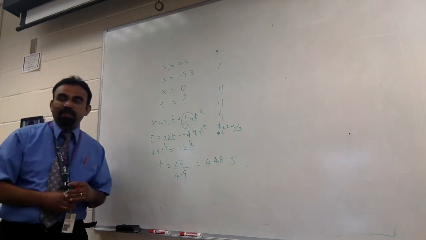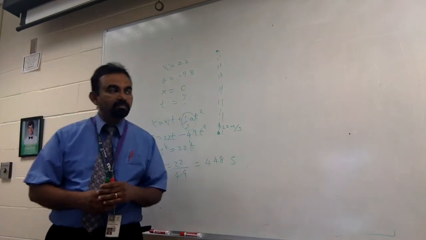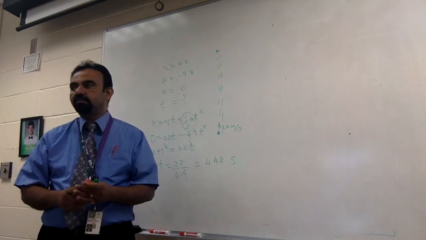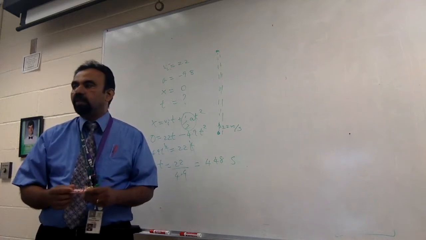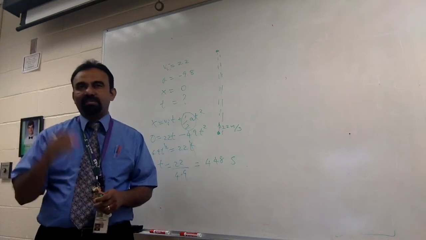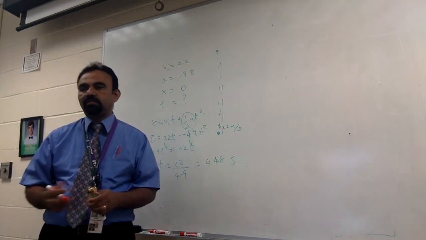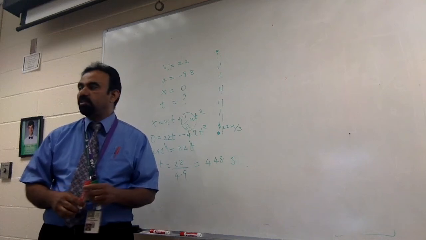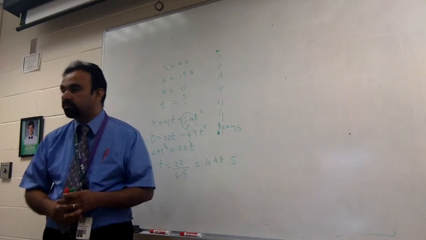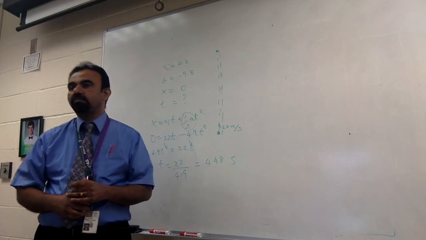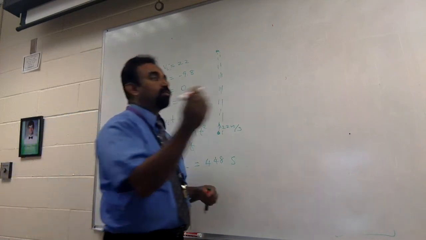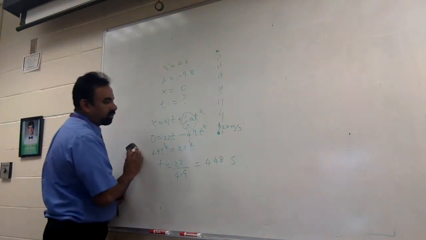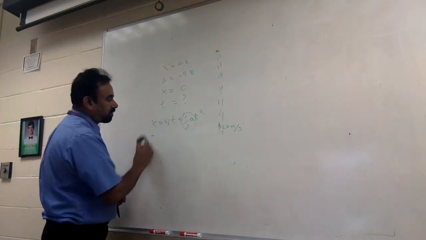What if you hit the same baseball standing on the moon? Acceleration due to gravity, let's say, is 1.5. If the acceleration due to gravity is 1.5 on the moon, then how long will it take? So what do you do?